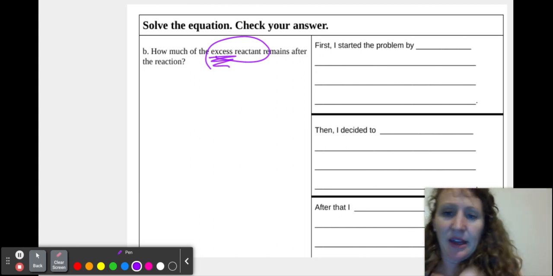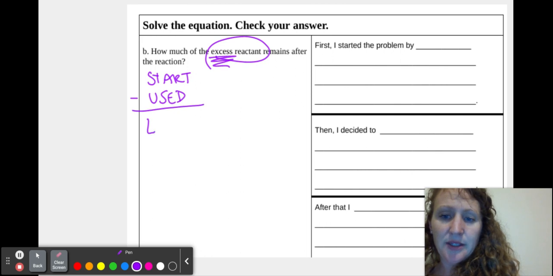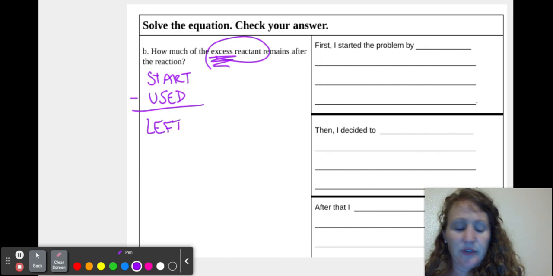Well, we can calculate that. It's whatever you started with minus what you used, and that is what is left over. So that's exactly what we're going to do here. We want to know what we started with, how much we used, and what we're going to have left over.